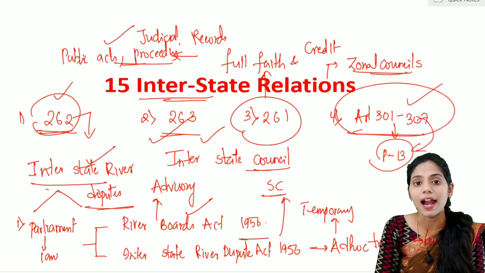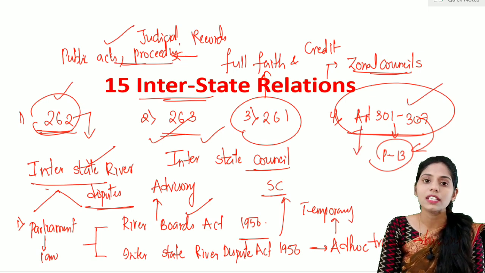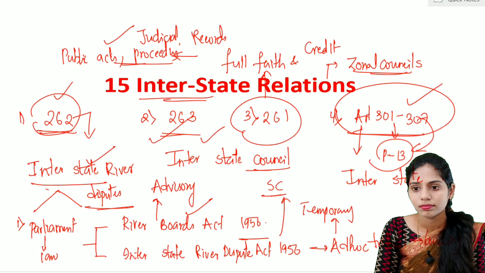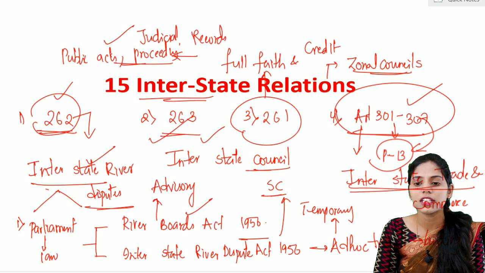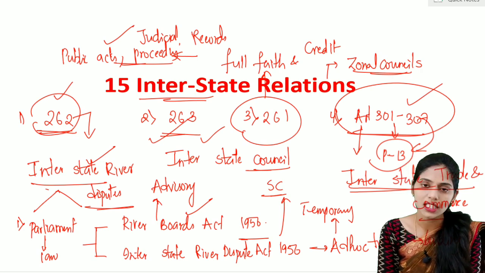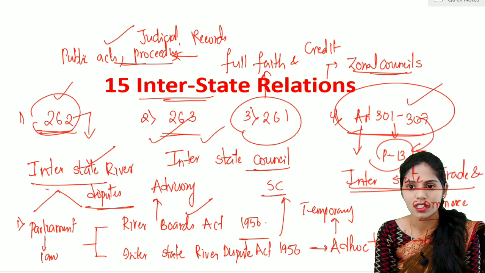It comes under Part 13 of the Indian Constitution, and this mainly talks about interstate trade and commerce. Under this, we are going to see Article 301, Article 302, Article 303, Article 304, Article 305 and Article 307.